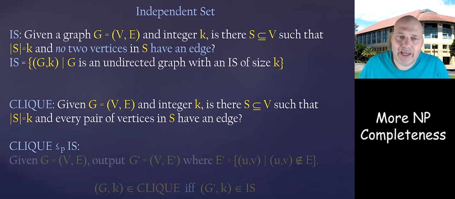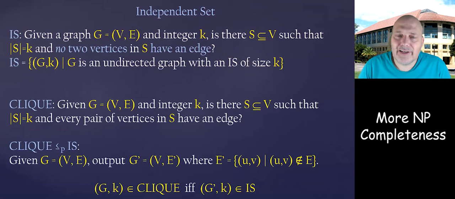And now that you're back, let me tell you that the reduction from (G, K) is going to be to (G prime, K). I'm going to keep K. And G prime is going to be G when I reverse all the edges and non-edges.